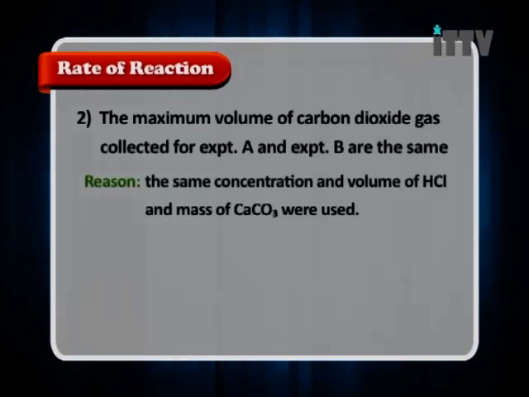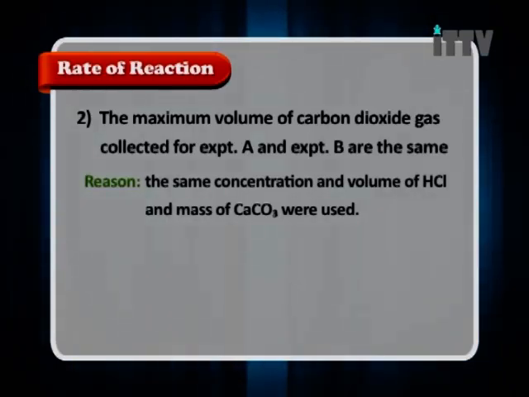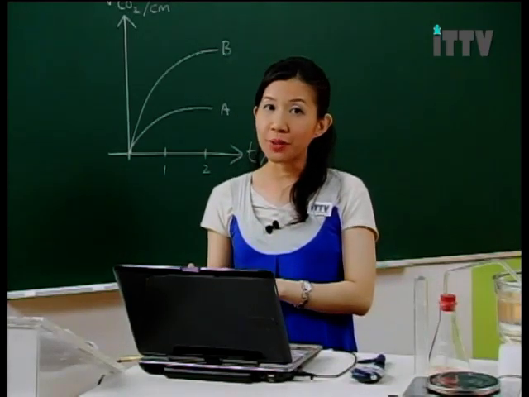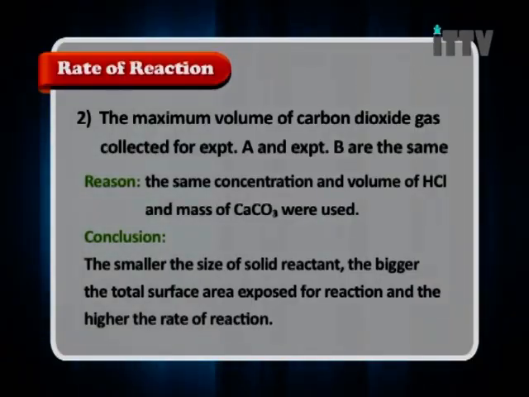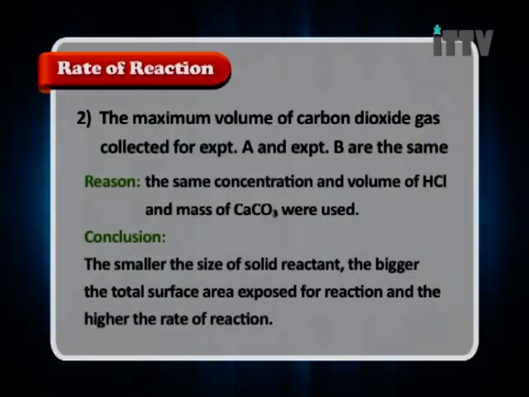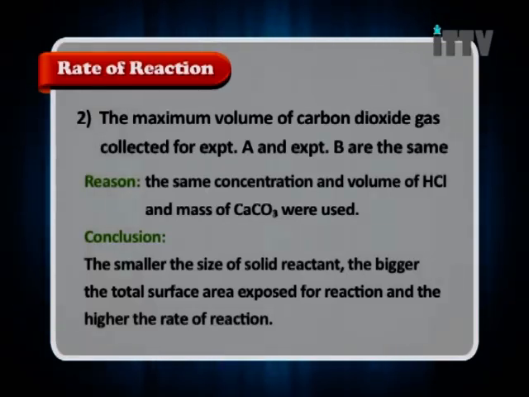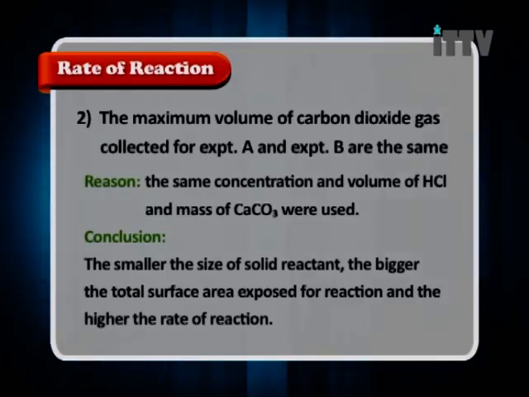What is the conclusion that we can state about this experiment, whereby we had tested the effect of surface area on the rate of reaction? The conclusion would be, the smaller the size of the solid reactant, the bigger the total surface area exposed for reaction, and therefore the higher the rate of reaction.